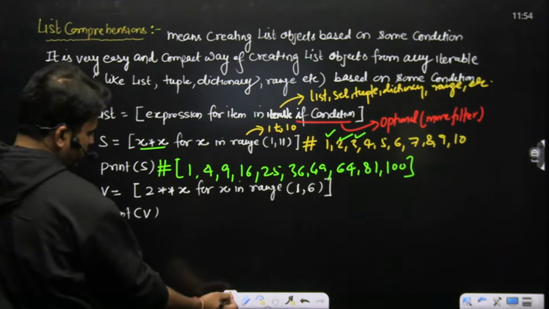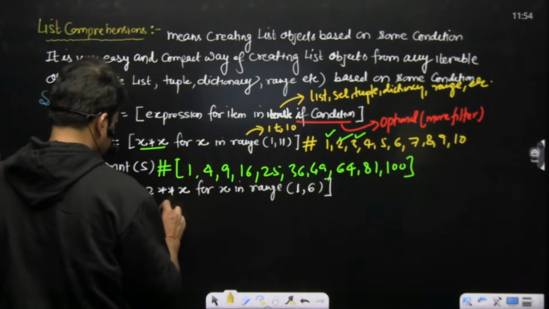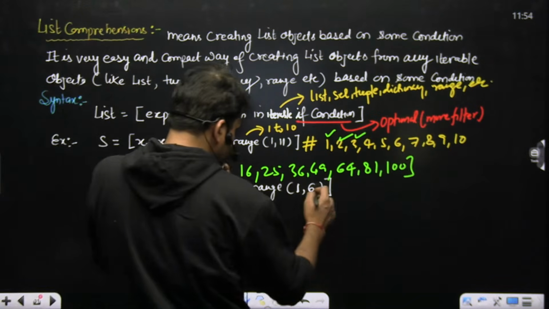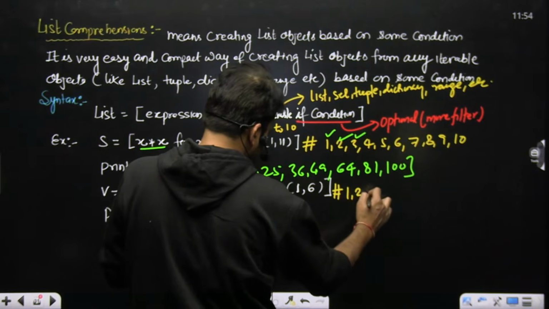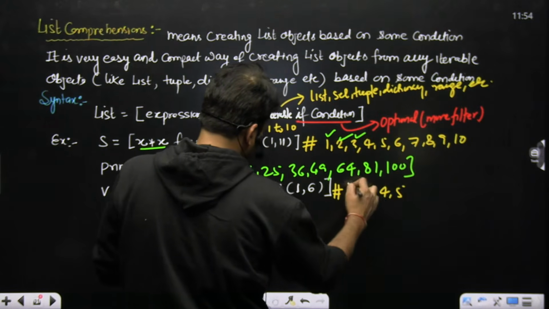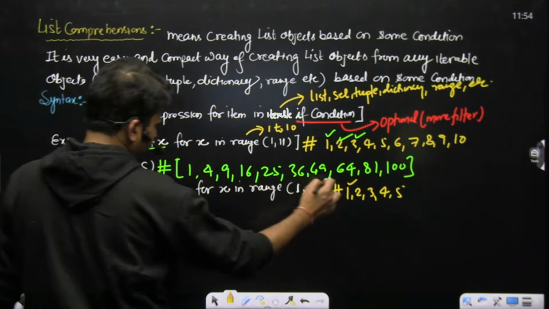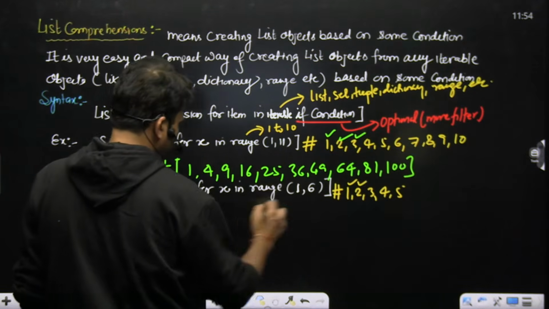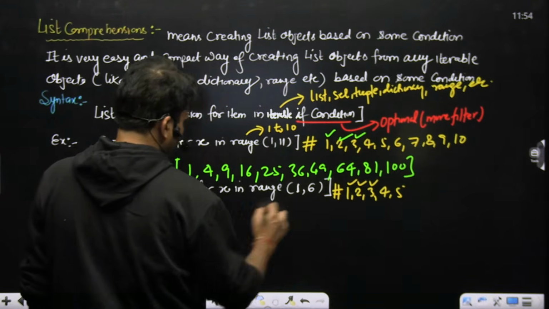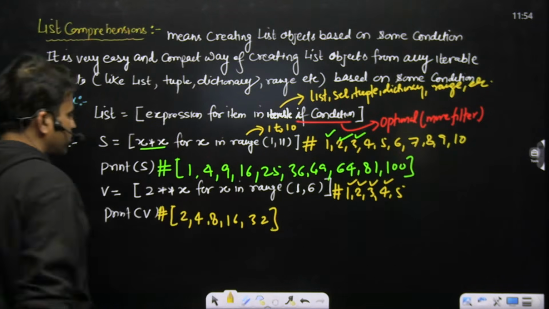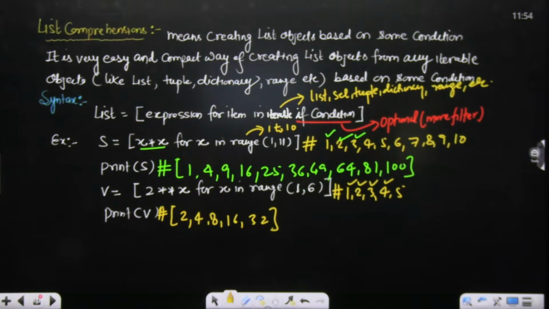What is the output here? For x in the range 1 to 6, that means 1, 2, 3, 4, and 5. So 2 to the power 1 is 2. 2 to the power 2 is 4. 2 to the power 3 is 8. 2 to the power 4 is 16. 2 to the power 5 is 32. So this is the output.